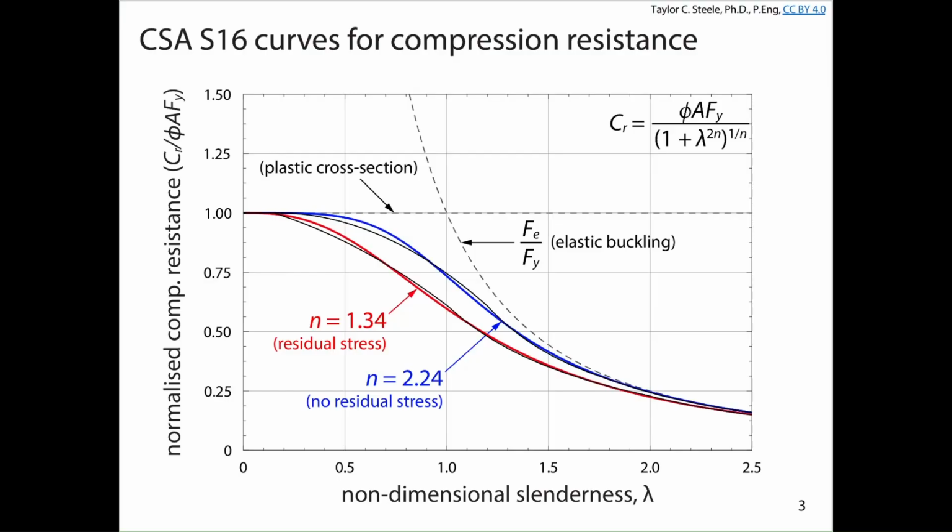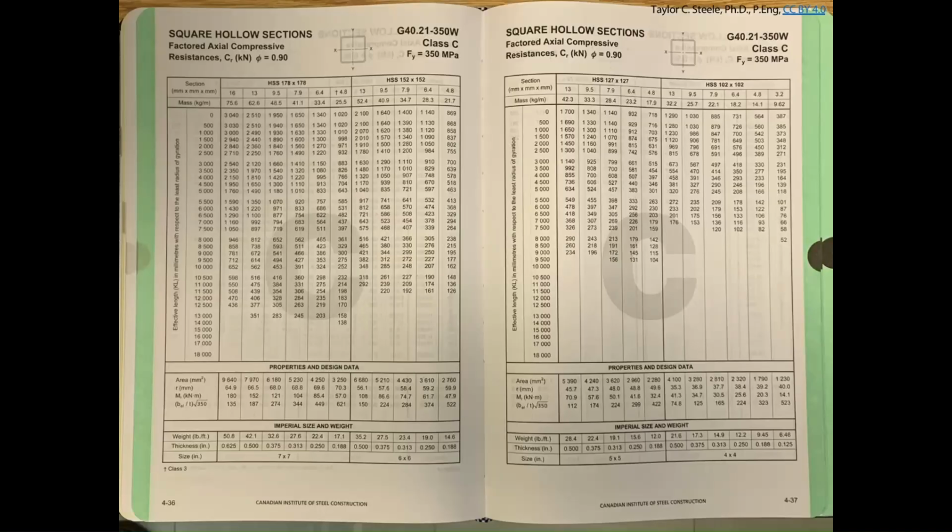So for class H, HSS, we use a value of 2.24. So the strength is going to be higher for class H than it would be for class C. Okay? So when we look at the tables, you have to make sure that if you're asked for the compressive resistance or if you're asked to specify an HSS that's class C versus class H, you have to use the right tables.